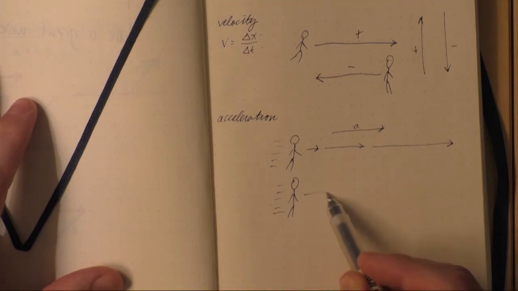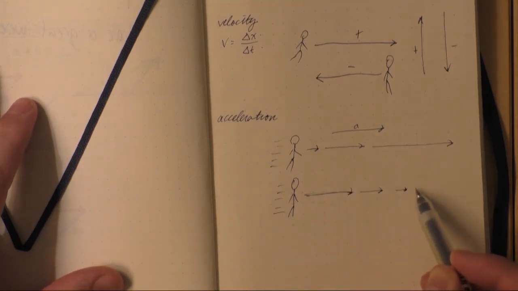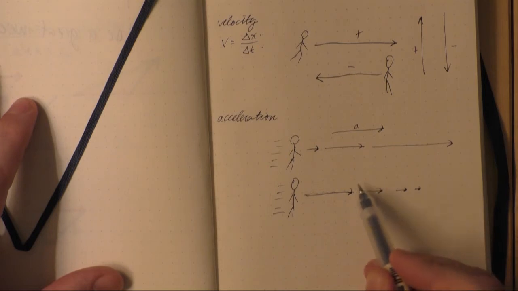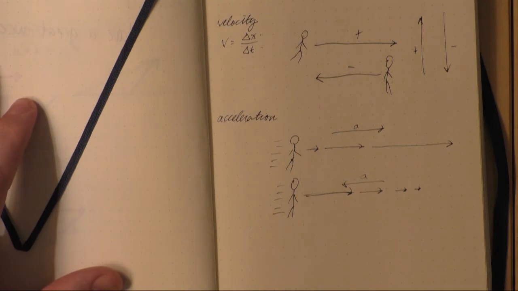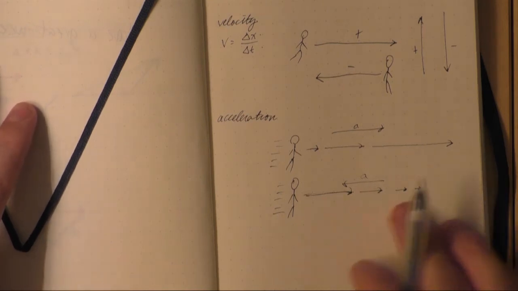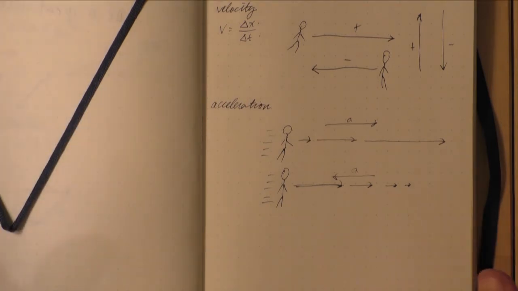If this person started out going fast and then slowed down, then this person has a negative acceleration because they slowed down moving to the right. So it is a little bit more nuanced, but I think you guys have done a really good job of understanding acceleration and using it to solve problems.